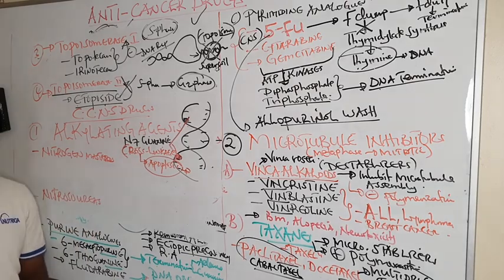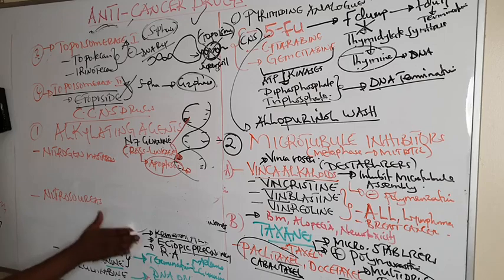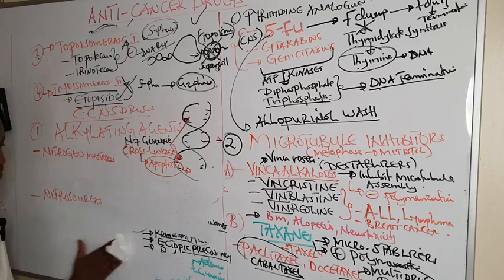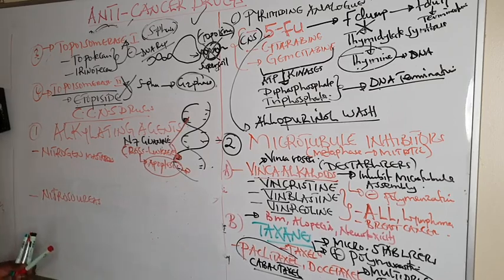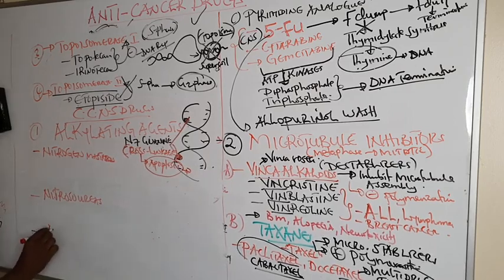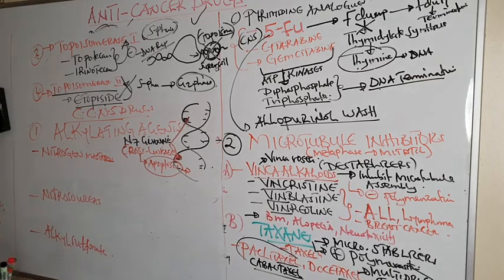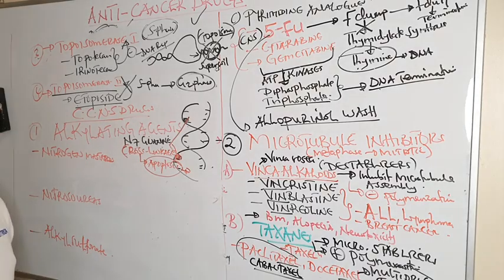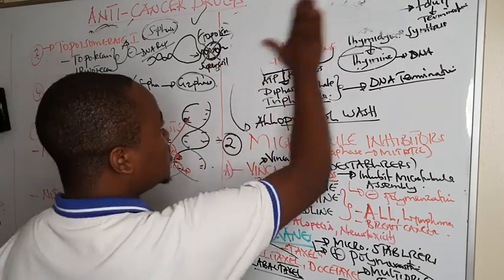We have other drugs like alkyl sulfonates. We have another category of alkylating agents, like triazenes.